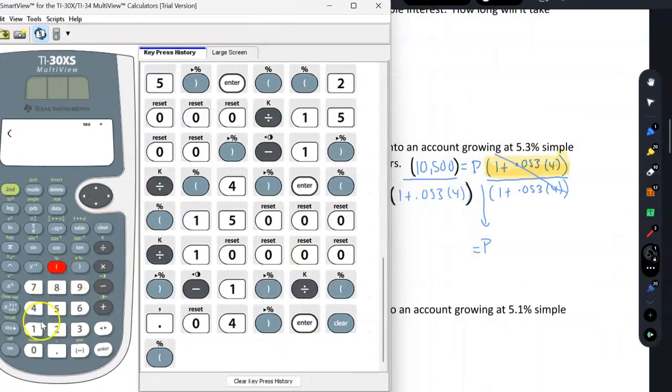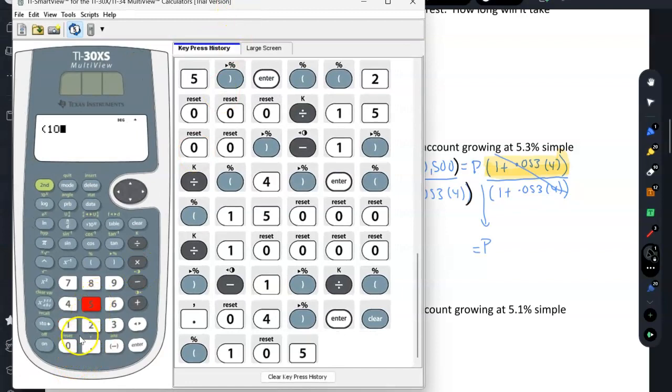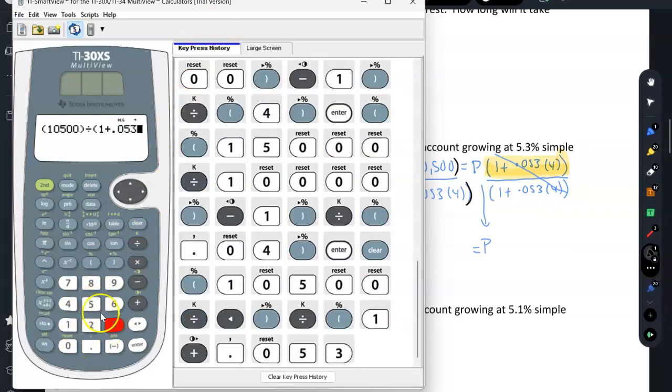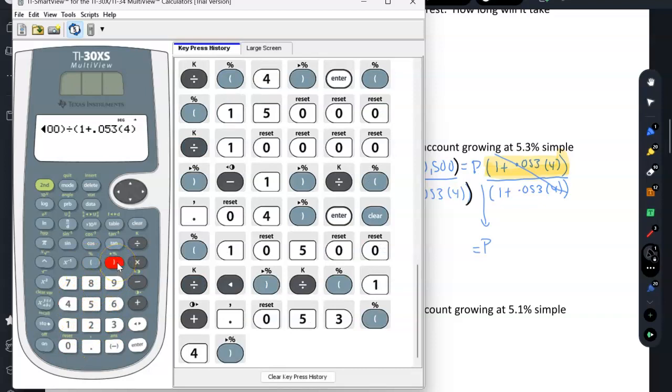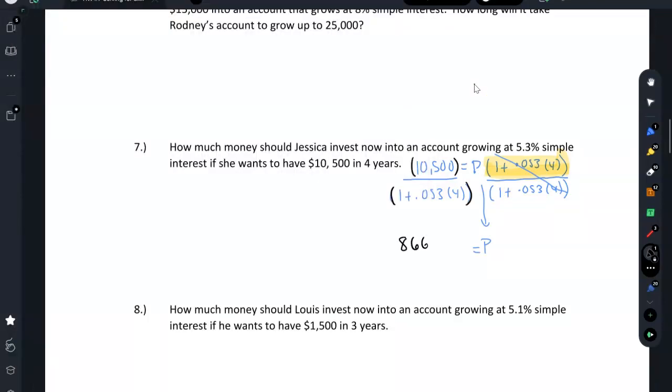So I have 10,500 divided by, close your parentheses, divided by, and then that was 1 plus 0.053 times 4, and feel free to use the multiplication symbol there instead of the double parentheses, and equals, and that would be $8,663.37 when I round it to the nearest cent.